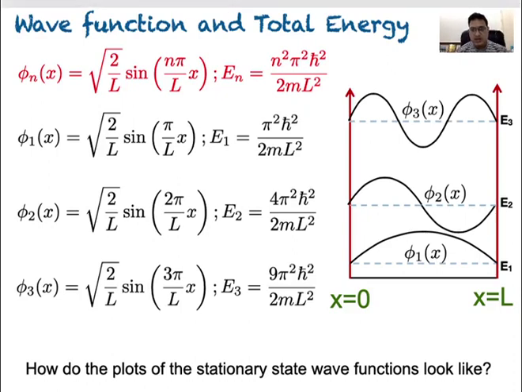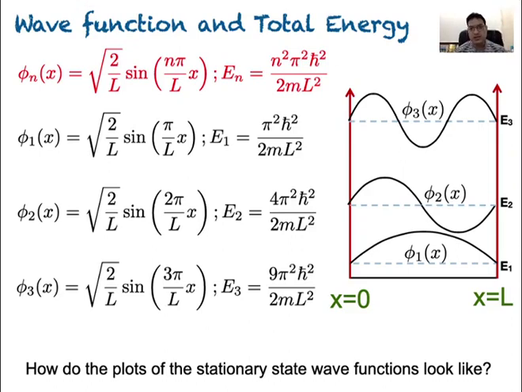The second wave function, or the wave function corresponding to the second state E2, has one node in between, so it crosses 0 at the center, and the third wave function crosses 0 at 2 points, and you know the wave function must be 0 at the boundary.